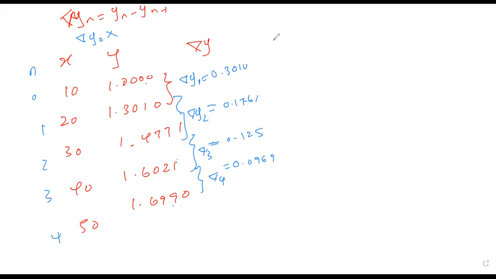So what about nabla squared y? So the same way. So here what I need to put? Nabla squared y of what? Can you answer me? So is that 1 or 2? So we don't have nabla y naught. Similarly, nabla squared y1 or y2? Which one?